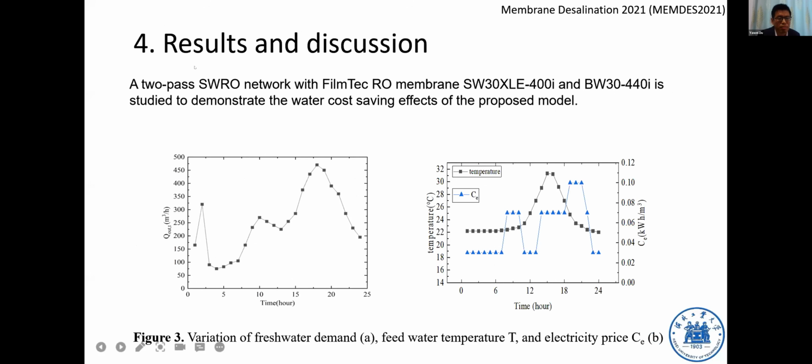So part 4 is results and discussion. A two-pass network with five membrane types is studied here, and figure 3 shows the variation of freshwater demand, temperature, and electricity price.